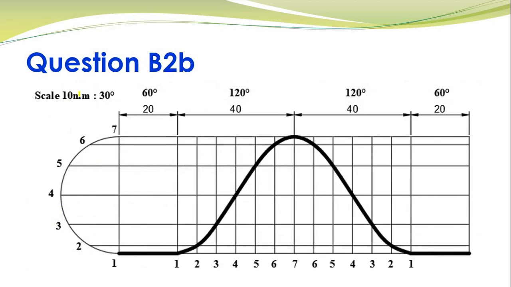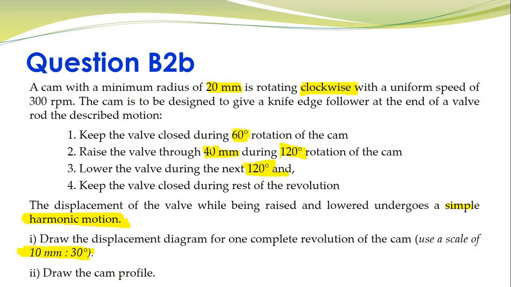So the first thing is that we have to draw our displacement diagram. We need to understand that we are given a simple harmonic motion, right? For simple harmonic motion, there are certain steps that we need to follow. On our x-axis we represent the rotational degree, and on our y-axis we represent our stroke. So this distance from here to here is basically your stroke, and your stroke was simply 40 mm.